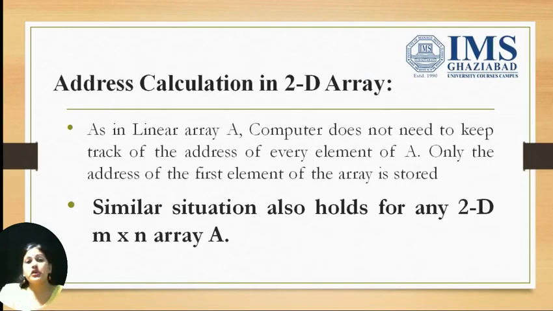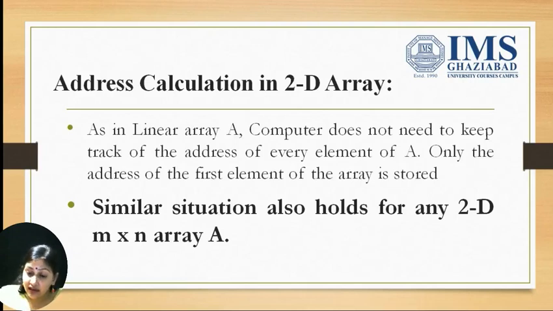Now, the question is, if a 2D array gets stored in linear memory, how can we calculate the address of array elements as we can in a one-dimensional array? We know that in the case of a one-dimensional array, the computer doesn't need to keep track of the addresses of every element. It just stores the base address of that array and can calculate the address of the remaining elements using a formula. The same situation holds for a 2D array.